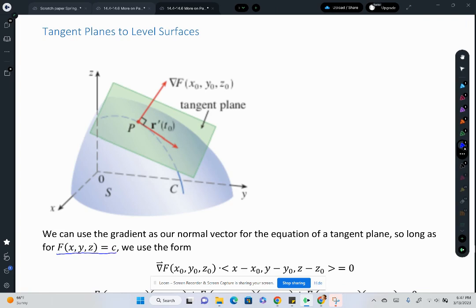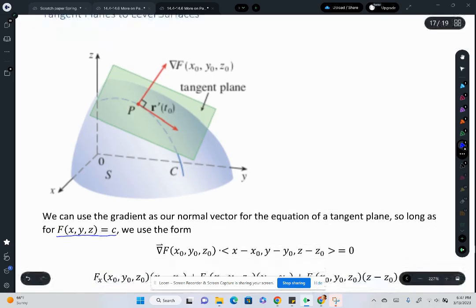Now, we've seen a lot of planes in this class. In 12.3, we were just coming up with an equation of a plane. It didn't have a relationship to any surface. It was just the equation of a plane. Then in 14.4, I think it was 14.4, we looked at finding tangent planes to a surface, and we came up with a few different formulas for that.